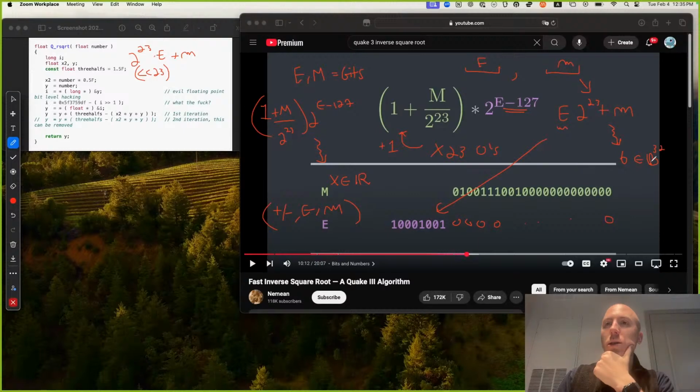So if you want the bits, this thing starts with E and M and outputs a bit representation. And this equation here starts with the bits and outputs a real number.